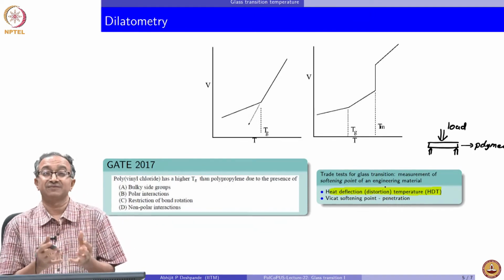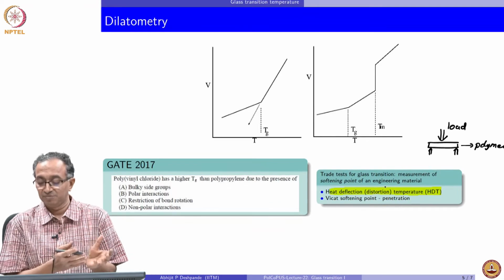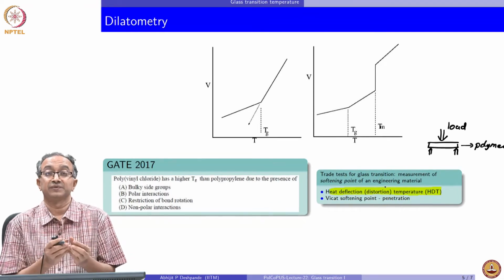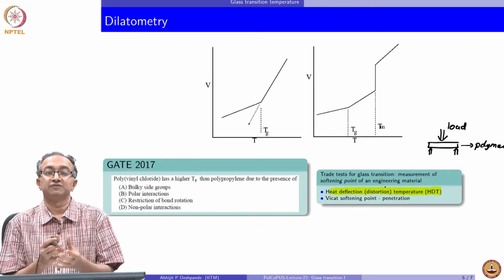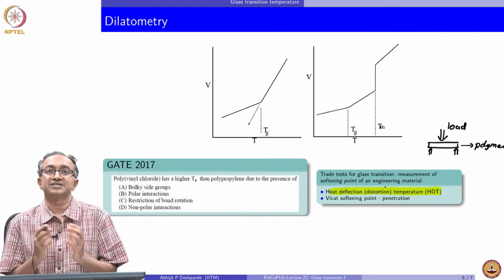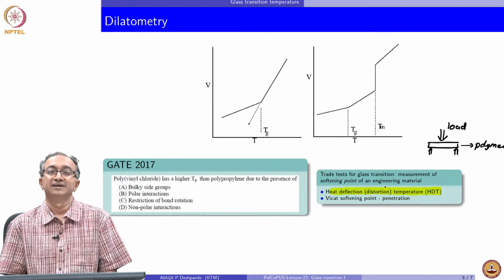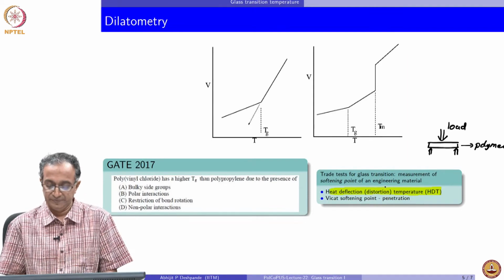All of these things are fixed based on the test: the amount of load that is put, the amount of deflection that has to be observed for the given size of sample. So, it is a standardized way of measuring softening of the material.